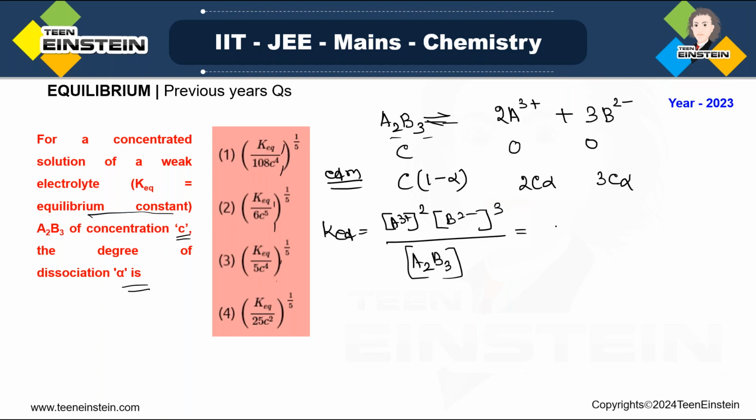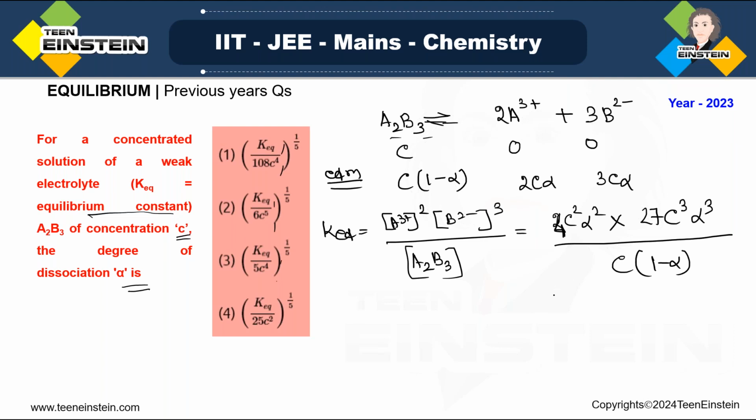Now put all the values. A3 plus is 2C alpha, so squared I can directly write 4C square alpha square, and 3C alpha to the power 3. Now 3 to the power 3 is 27, C cube alpha cube, divided by C into 1 minus alpha.